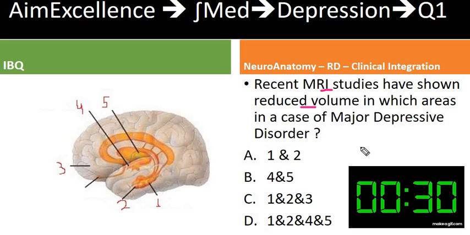So you have to first pinpoint the locations. One is pointing towards the hippocampus. Two is pointing towards the amygdala.